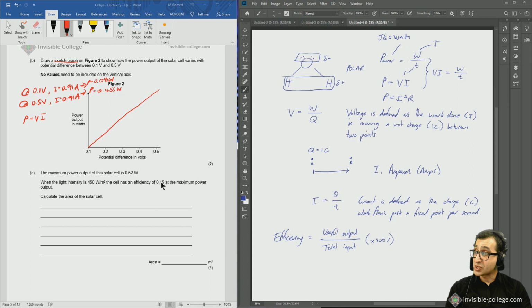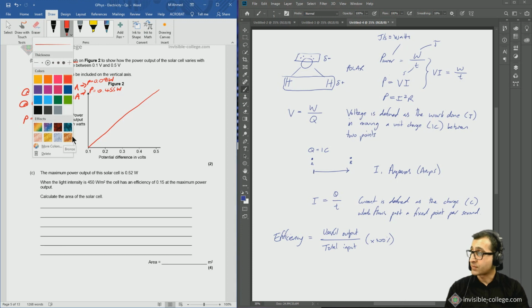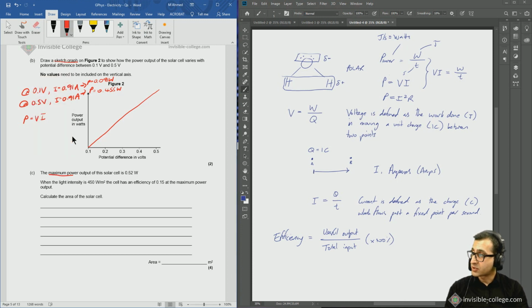The cell has an efficiency of 0.15 at the maximum power output. So we've just been told in the question, the maximum power output is 0.52 watts. So we're calculating at this maximum power output. So we'll write here, power is 0.52 watts, where our efficiency is 0.15.